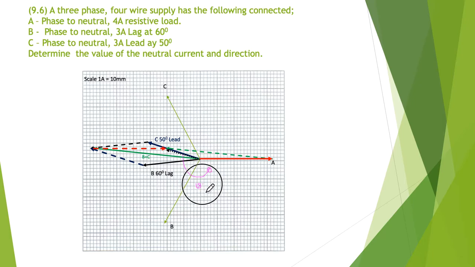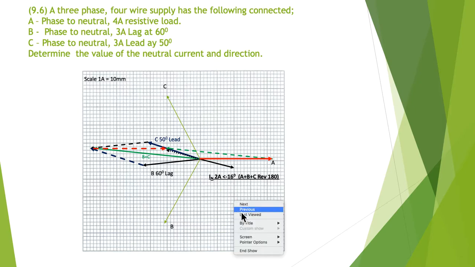So we actually want to subtract all the currents by adding them all up and then reversing the final answer by 180 degrees. So my final answer should end up out here. So there's my final answer. The current in the neutral scaled off is about 2 amps. It's at minus 16 degrees from the reference. So that's that angle in there.